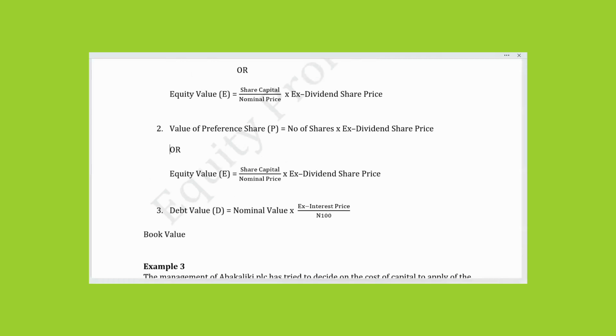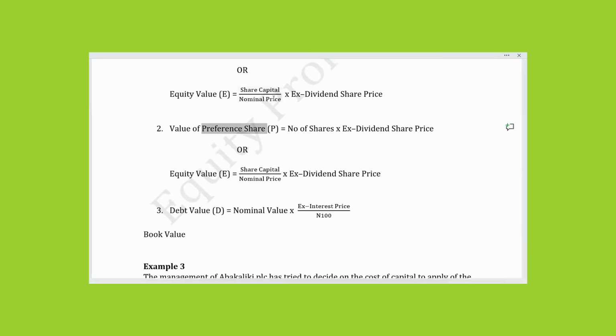I can hear you better now. Talk to me. You said the value of preference shares is number of shares multiplied by the X dividend share price. Is it the number of ordinary shares or the preference shares? As it implies, this is preference share. Preference share is different, so you have to focus on preference share. Number of preference shares, yes. All right, thank you, sir.